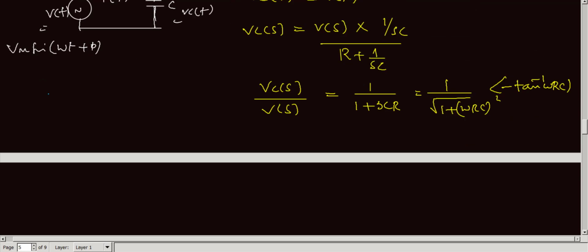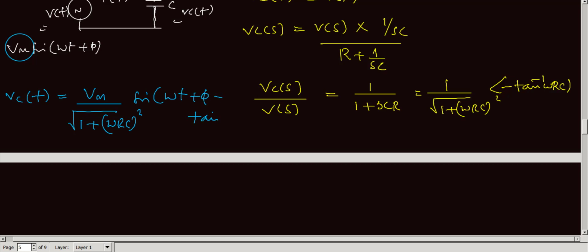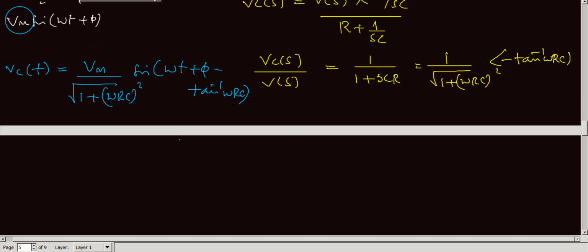So the Vc of t here is the magnitude Vm by root of 1 plus omega RC whole square, sine of omega t plus phi minus tan inverse omega RC. So I get the voltage across the capacitor.